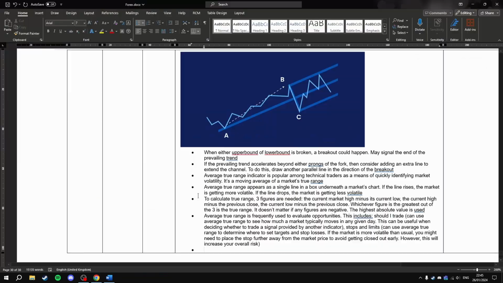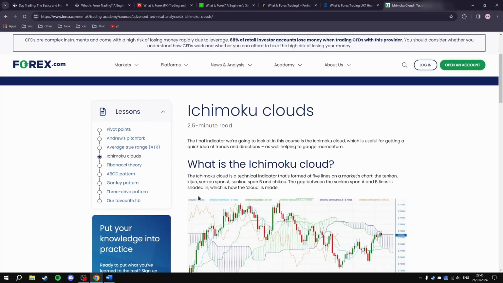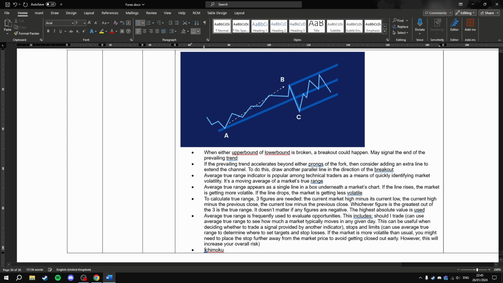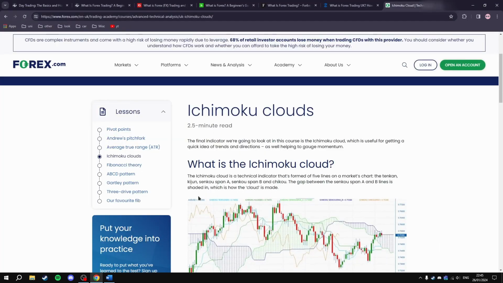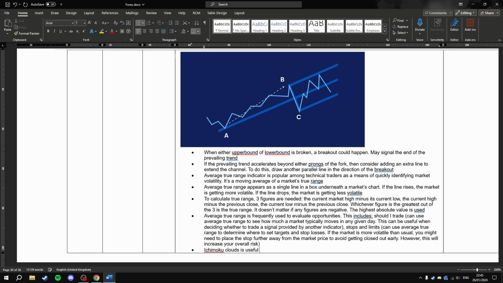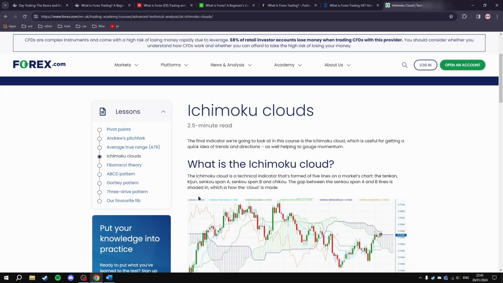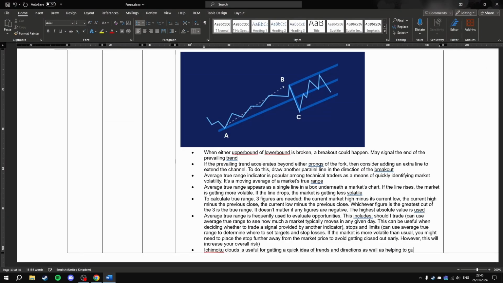Final indicator, Ichimoku cloud. Ichimoku cloud is useful for getting a quick idea of trends and directions, as well as helping to gauge momentum.